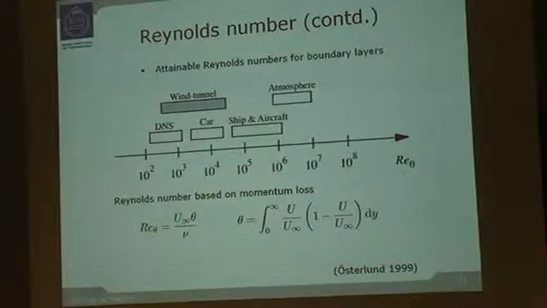The important thing here to see is that what we can do with simulations at the moment has not yet reached any technically relevant Reynolds numbers. However, with wind tunnel experiments, we somehow are scratching on the edges of this technique.